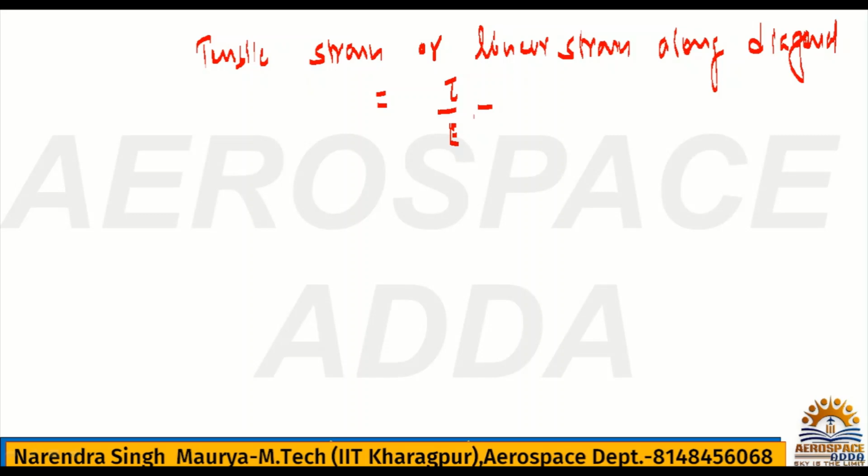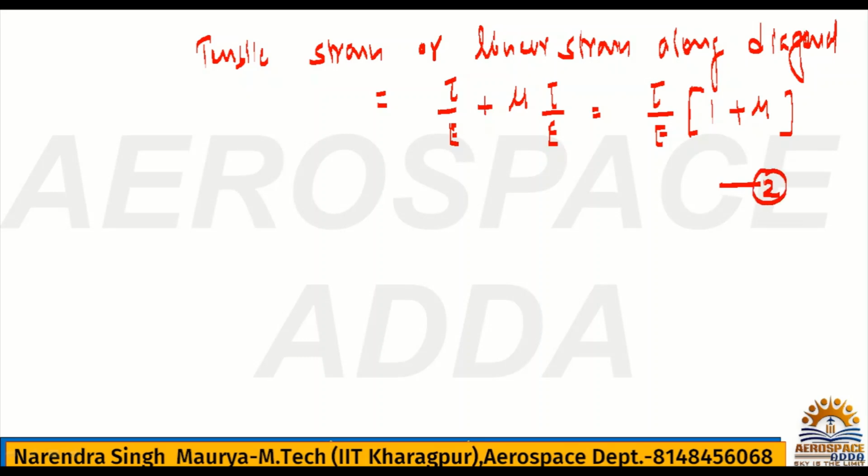Because we are writing strain, the total strain will be the linear strain plus the transverse strain also. So for the transverse strain we have to use the Poisson ratio. So you will get tau by E in bracket 1 plus mu. Okay, now this is equation number 2.